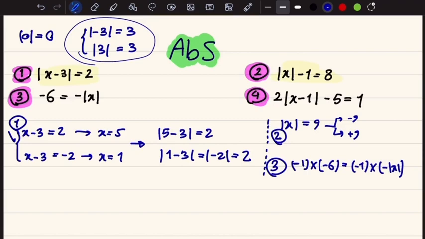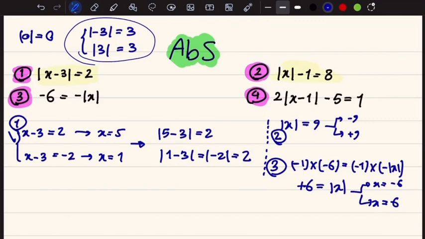And if I write this, the left hand side becomes +6, and right hand side, -1 times this minus becomes positive, and it is equal to 6. So absolute value of x is equal to 6, and from this x is either equal to -6 or it is equal to 6, and you can try this here.